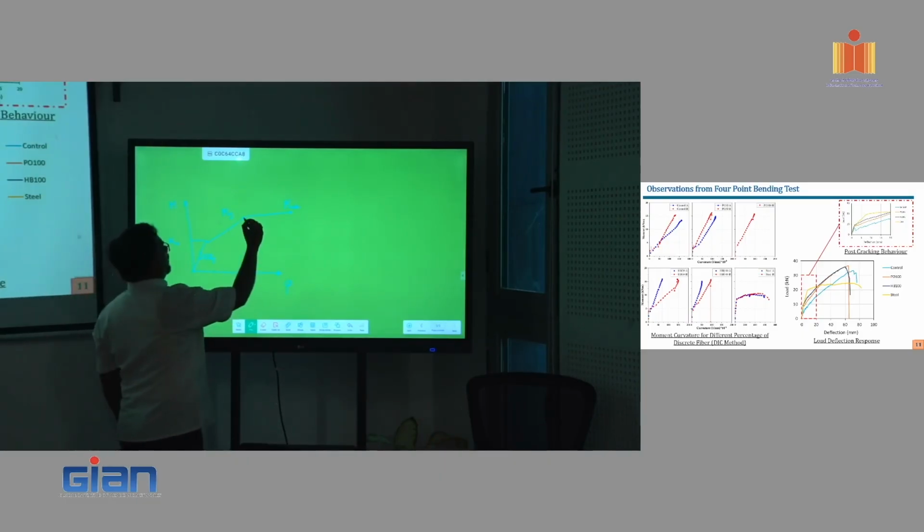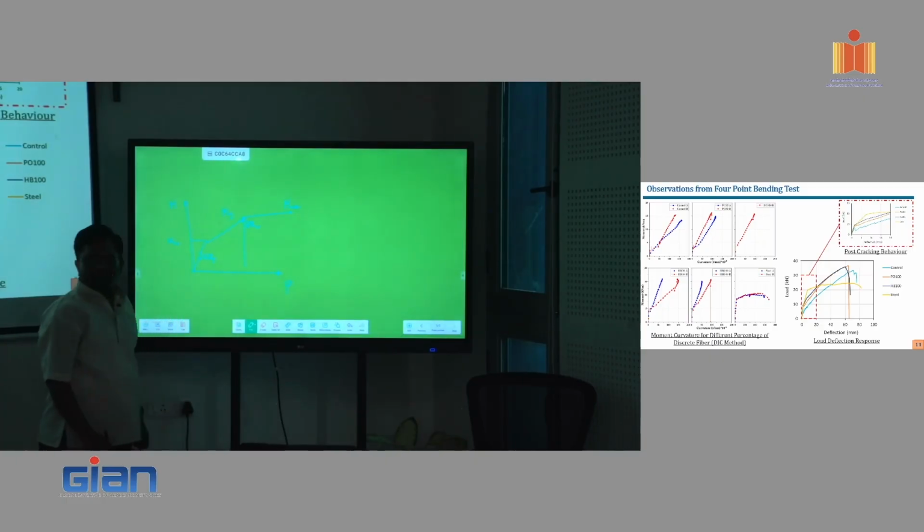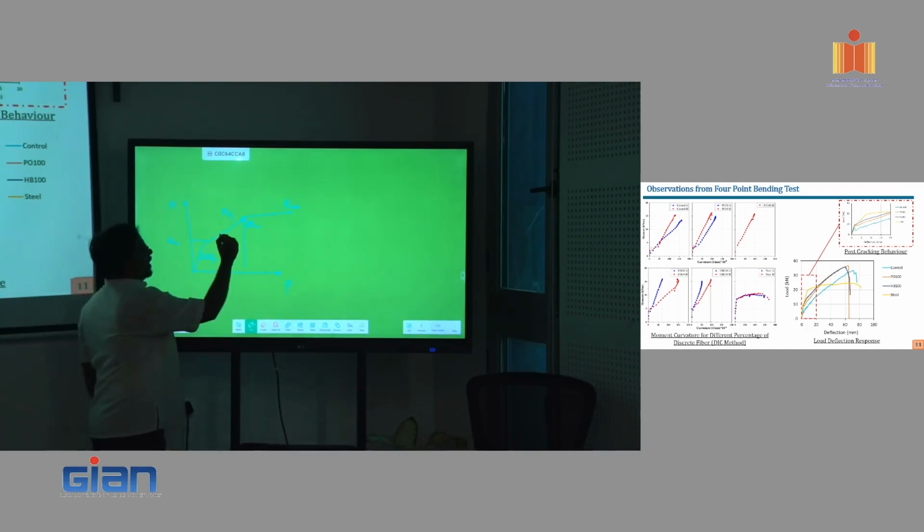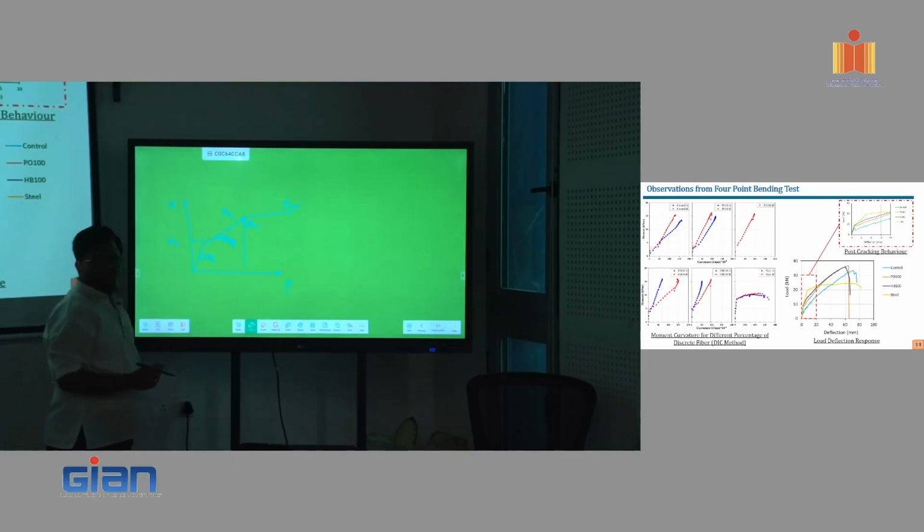Now here, if I'm looking at yield, this slope, we are saying that it is going to be EI cracked. I am assuming it to be linear, but it is not exactly linear; somewhat it is non-linear. Now, wherever I am taking this point, the slope, we call that EI effective. That is a function of what moment value I am calculating.